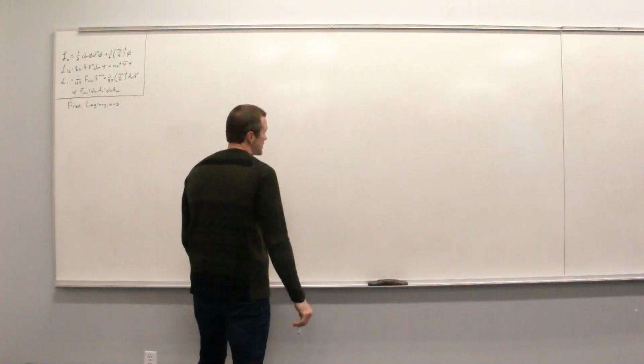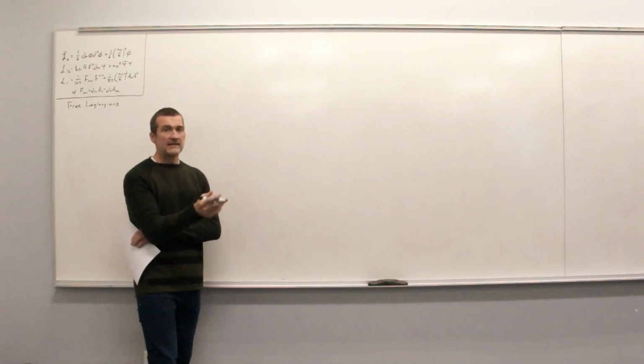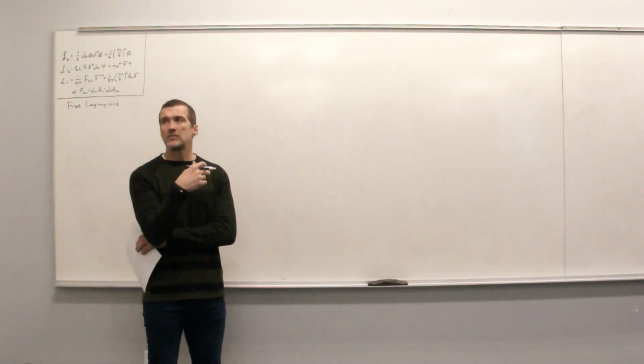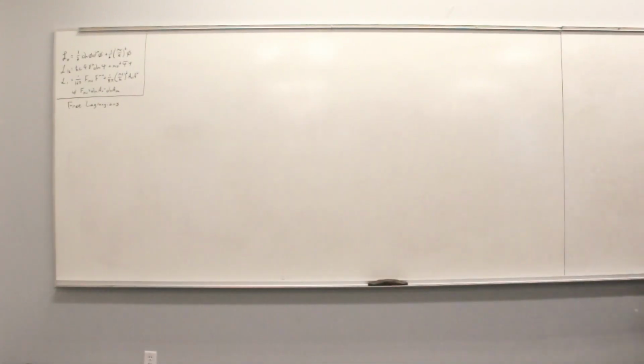So if I wanted to have an interaction between, say, a scalar and a spinor field, what kind of term do you think needs to appear in the Lagrangian? Let me pick a card. Oh, look.